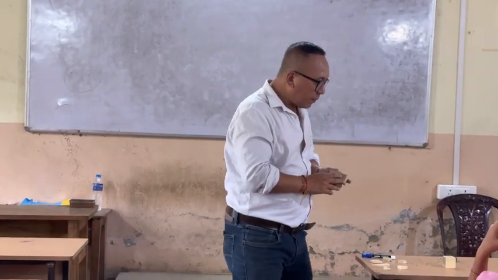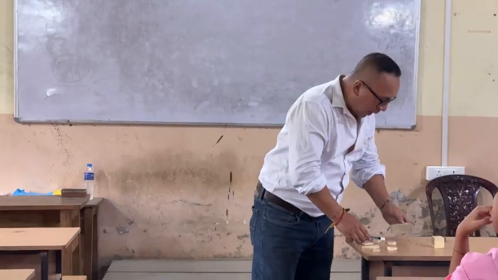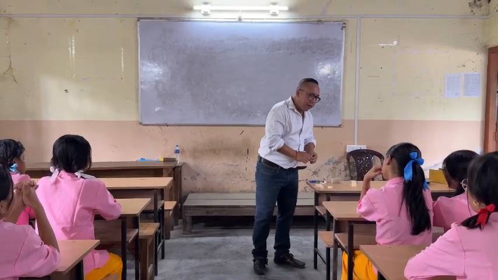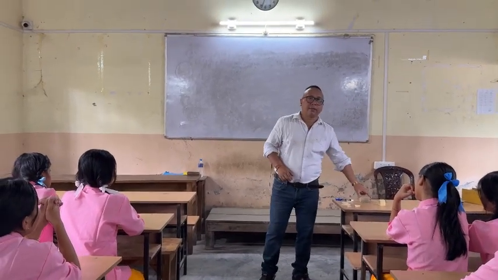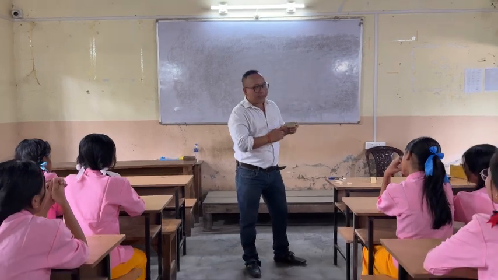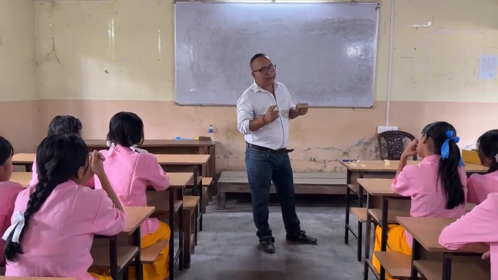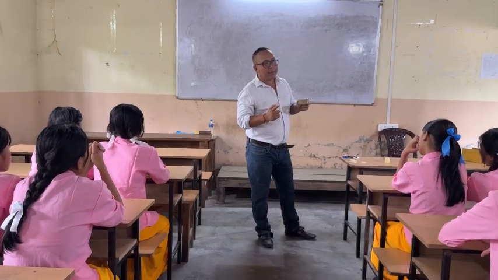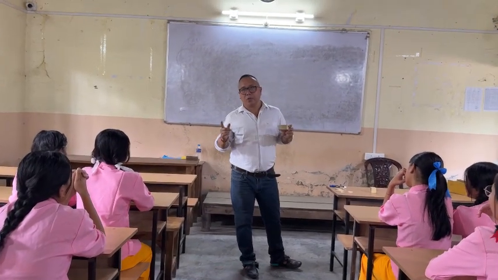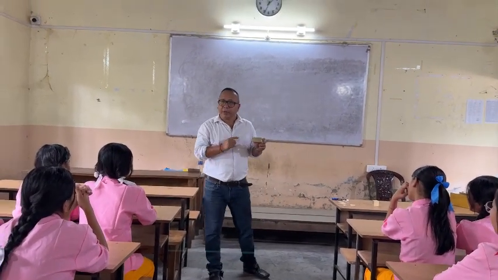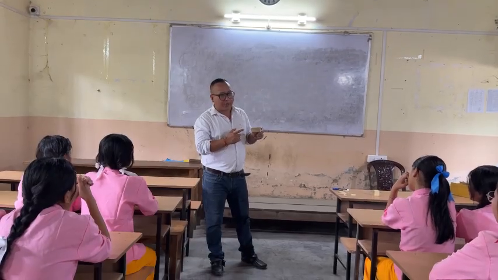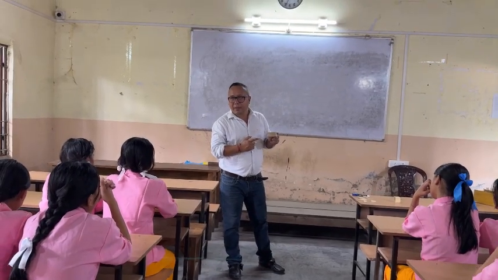Okay. And this is a square. If the angles are not 90 degrees, we can call it a parallelogram. Can you understand?